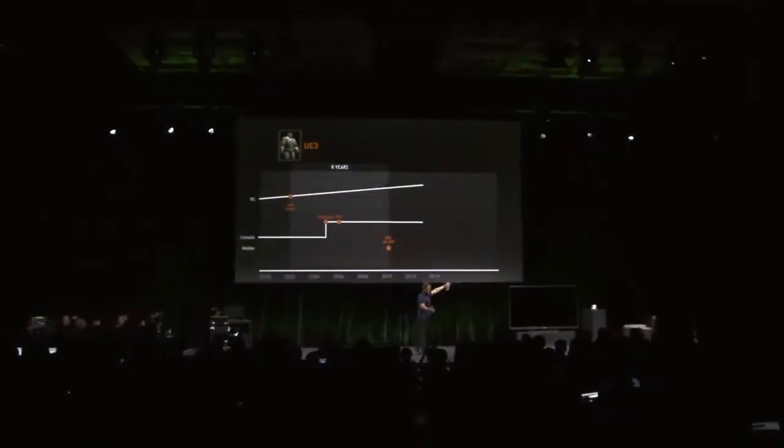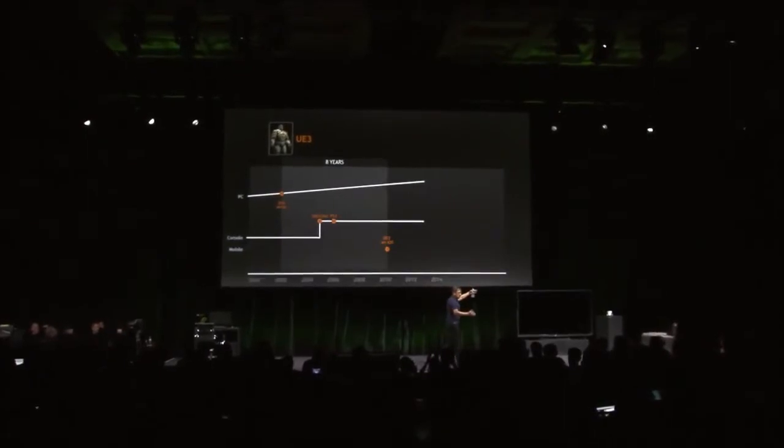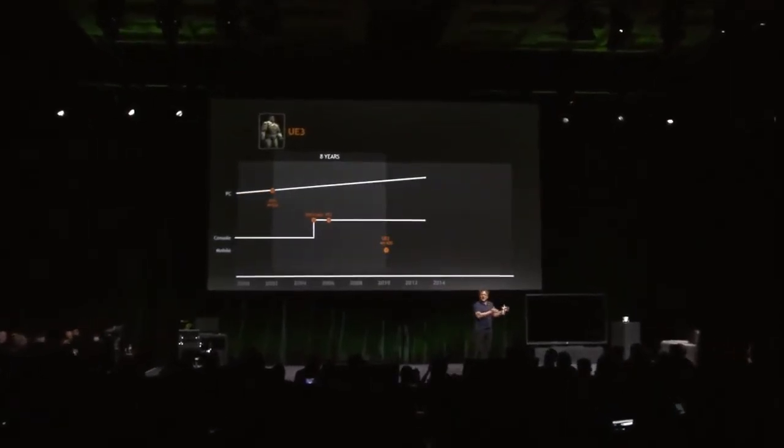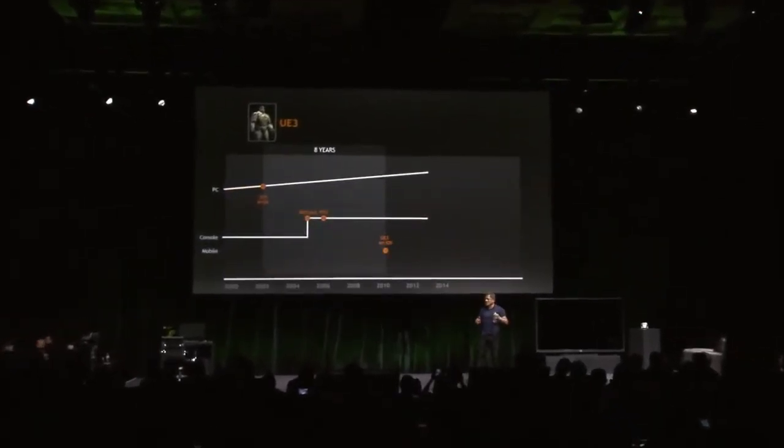A span of 8 years' time that it took for the Unreal 3 engine that runs on Xbox 360 and the PlayStation 3 to finally be able to run on a mobile device. Well, that entire 8 years is what we consider last generation. It was the DX9 era.